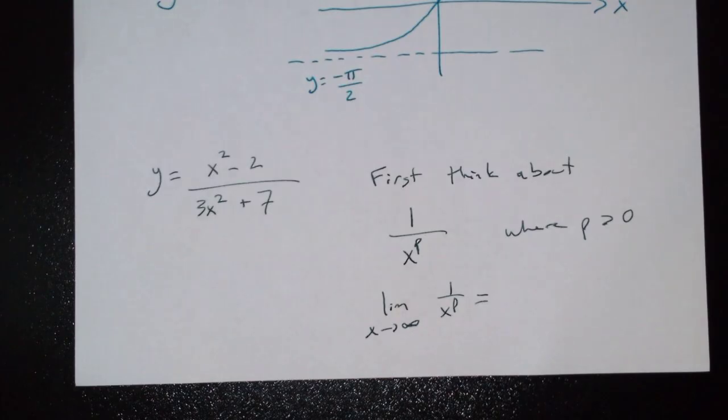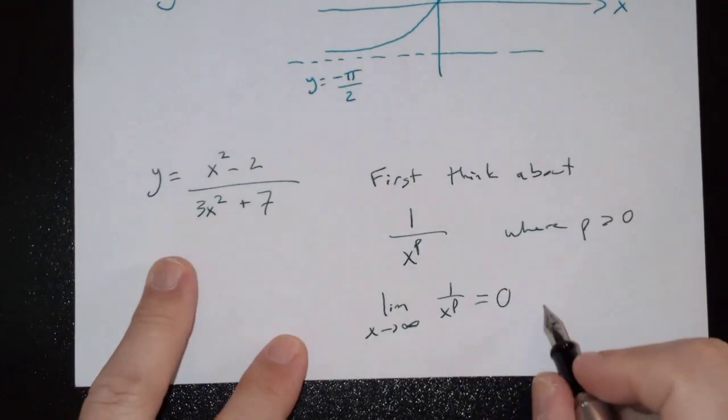The bottom is going to get big, right? As long as I'm taking a positive power, I'm squaring, I'm cubing, even if I'm taking a square root or a cube root, as x gets bigger and bigger and bigger, x squared gets even bigger, square root still gets bigger. All of those things get big. 1 over something big is small, so that limit is going to be 0.